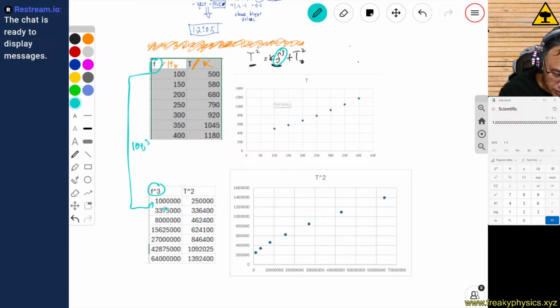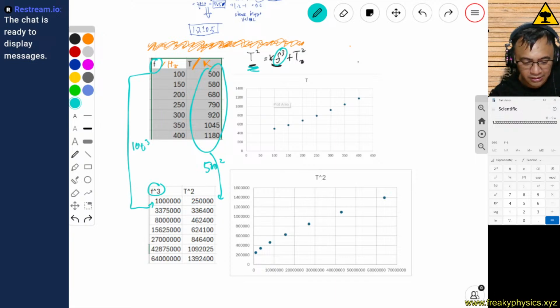This one is 150 cubed. This one would be 200 cubed, and so on. Similarly, for the temperature, according to our equation, we have T squared. So for the first value it's 500 squared, and that's the value. Similarly here.